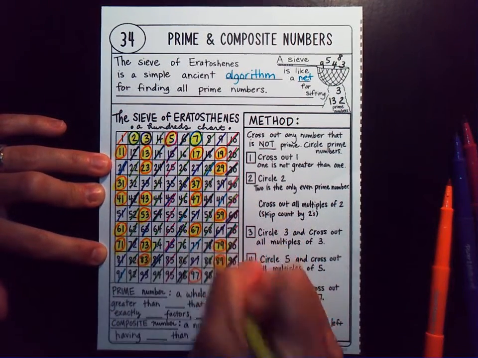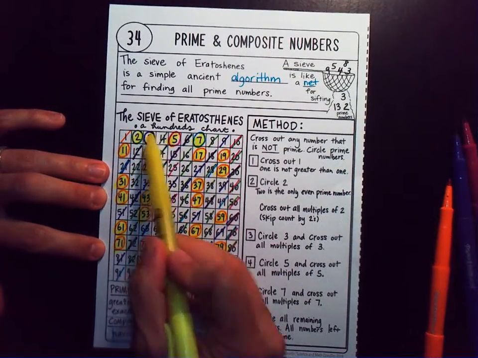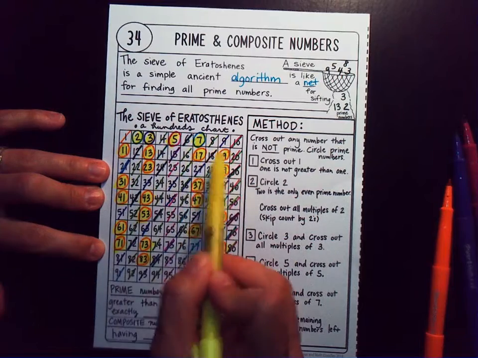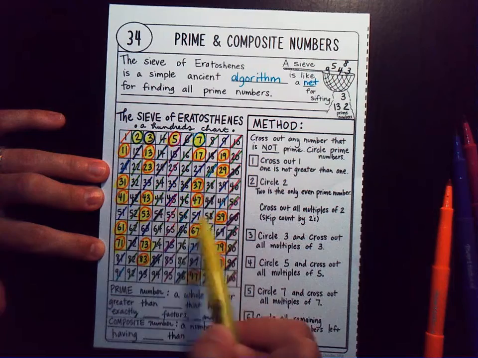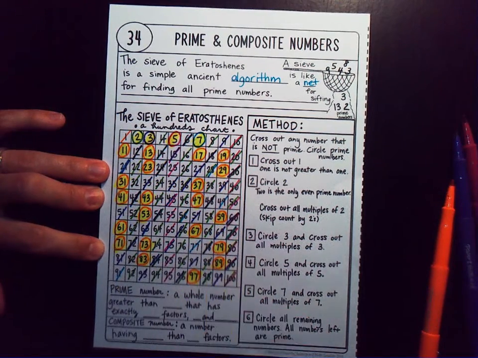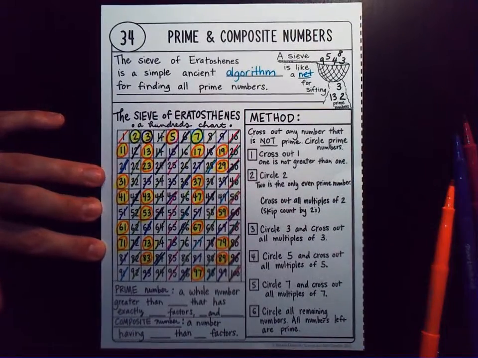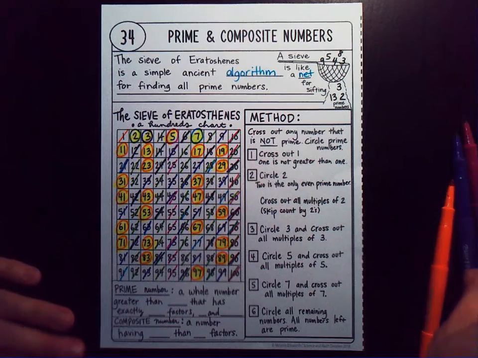If you were to memorize them, you would be memorizing 25 primes between 1 and 100.